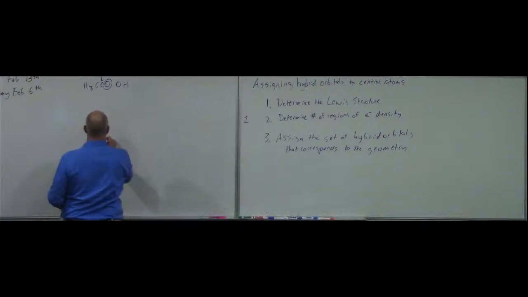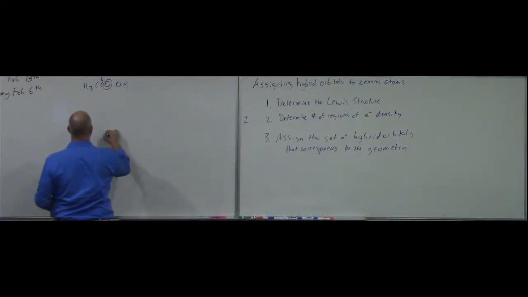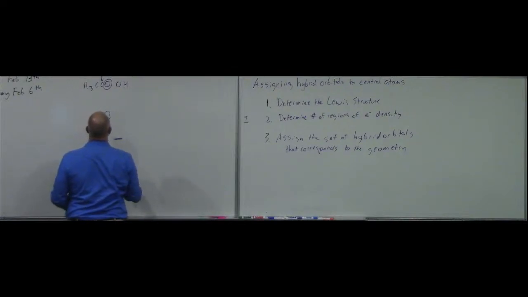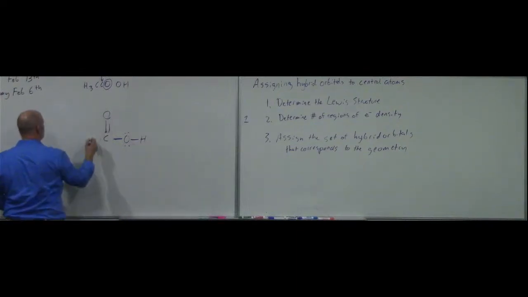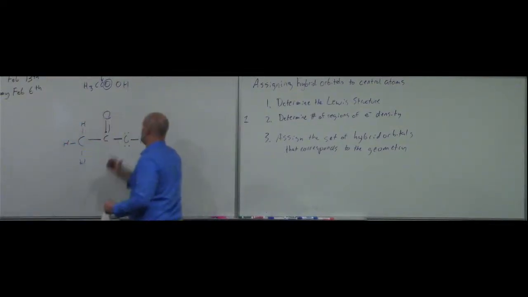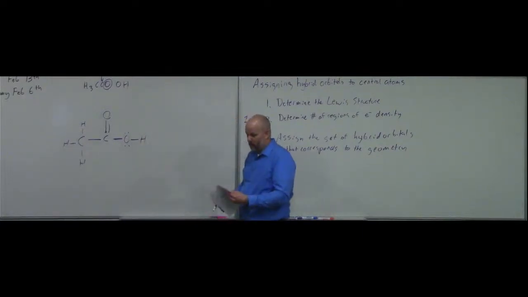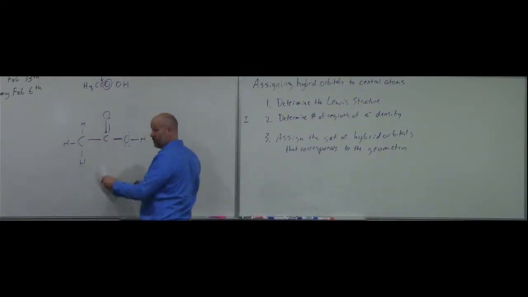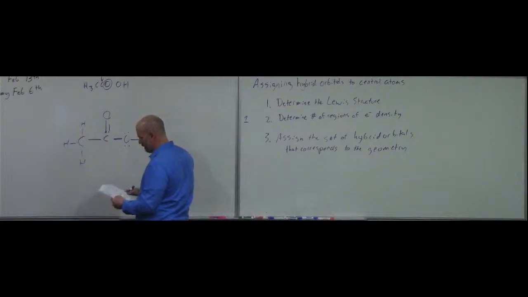I know that it's double bonded to an oxygen, so I'm going to go ahead and do that. I know it's bonded over here to an O, which is bonded to an H. An oxygen satisfied. And over here, I'm coming to another C, and everything's coming off of it. So I've got the same shape, trigonal planar, right? I've got 3 regions, that should be sp2. And the answer is sp2.